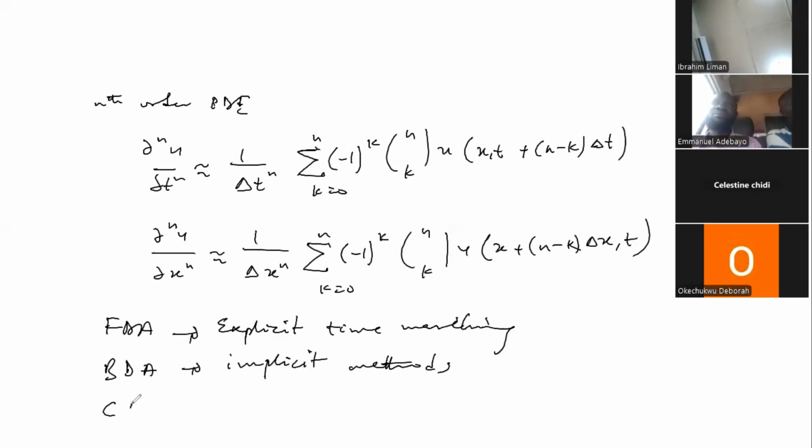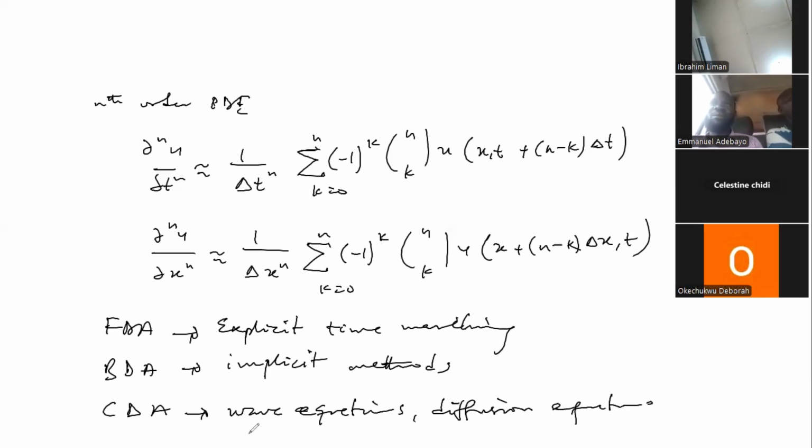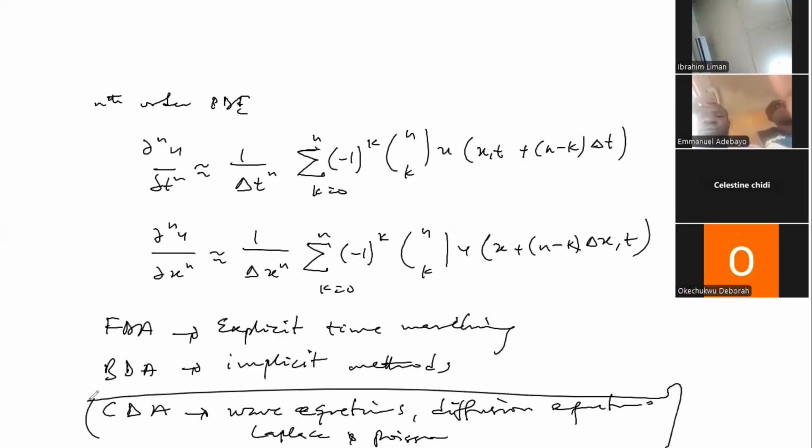And then the central difference approximation we mainly use for partial derivatives in wave equations, diffusion equations, even the Laplace and Poisson equations, because they have better accuracy.